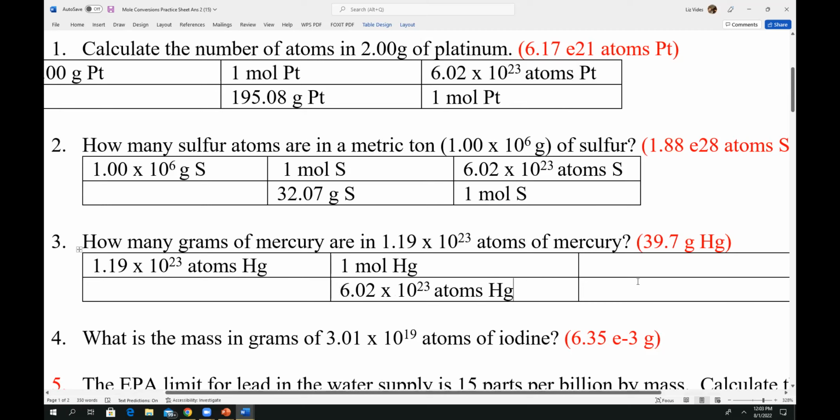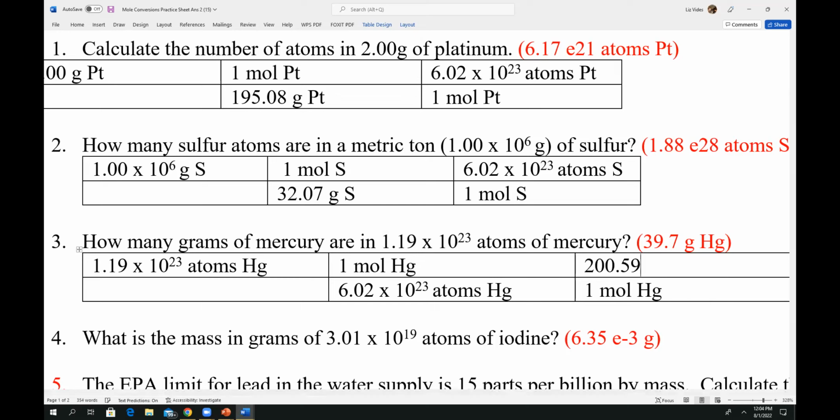All right, so the next thing to do is to get rid of moles. So 1 mole of mercury on the bottom, right? Because that way we get rid of it, is equal to mercury, where are you, Hg, there you are, 200.59. So this is 200.59 grams of mercury.